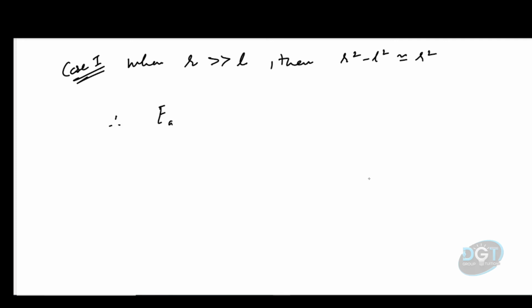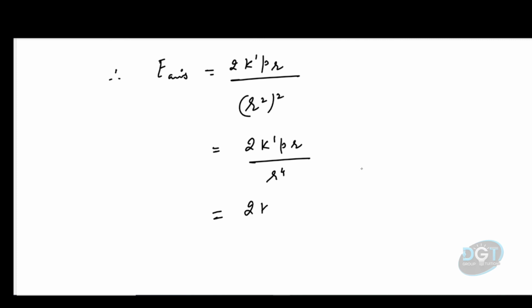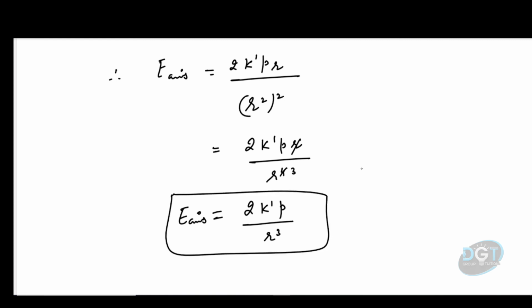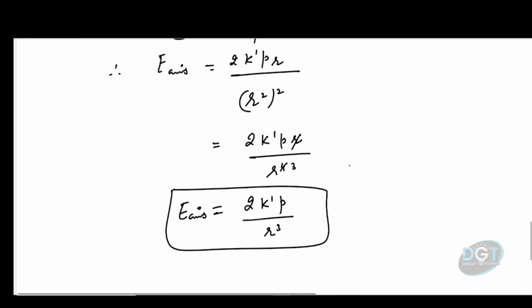Therefore, E axial at any axial point would be 2K dash P r upon r square whole square, which is 2K dash P r upon r raised to 4, and ultimately gives 2K dash P upon r cube. So this is the final expression for the electric field at any axial point due to a short dipole. When r is much greater than L, it is a short dipole. In questions, it would be clearly mentioned whether it is a short dipole or not.